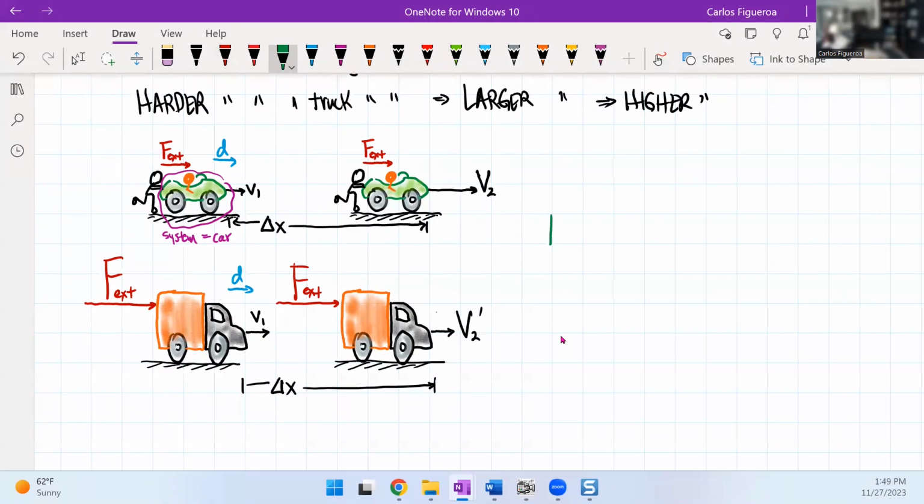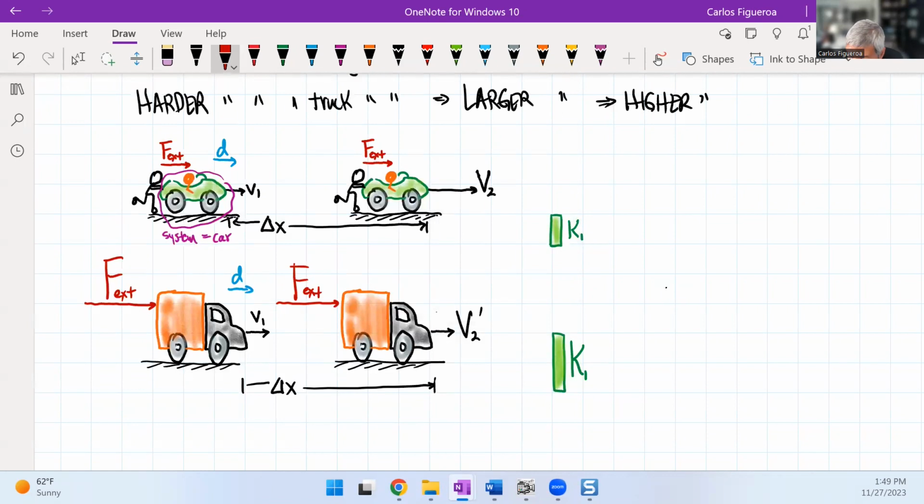If this car has the same speed as the truck initially, it's got to be K1. But note that for the truck, it has to have a higher kinetic energy. The truck has to have a higher kinetic energy because if it's going the same speed, its mass is going to be larger.